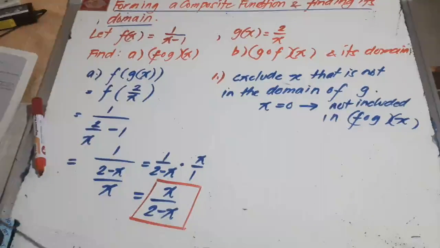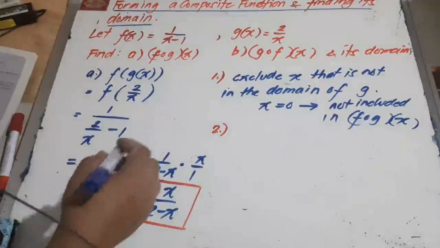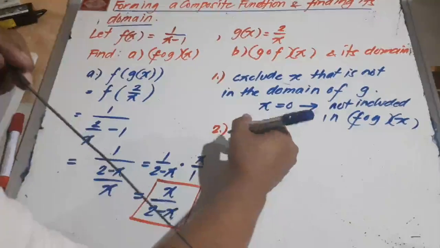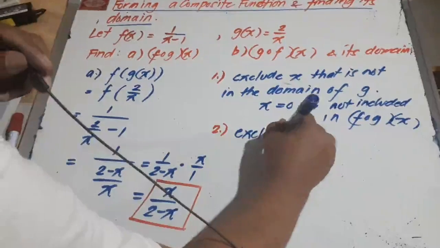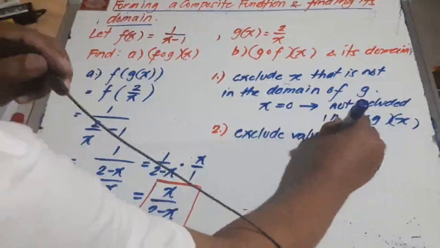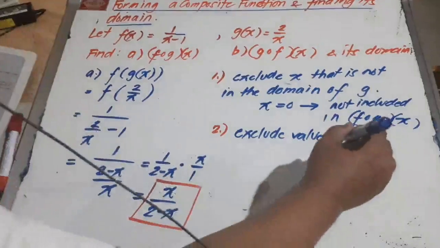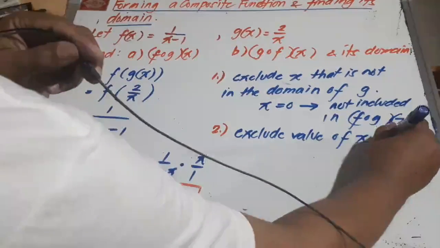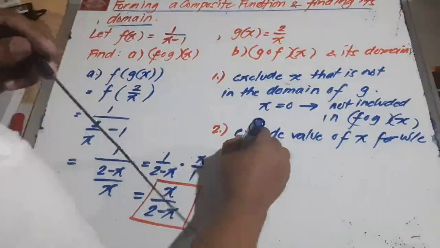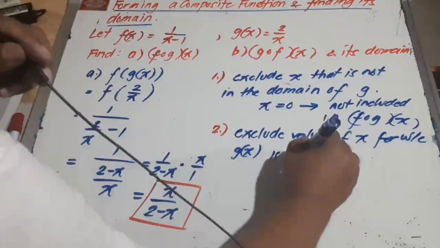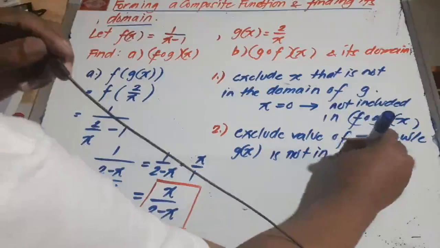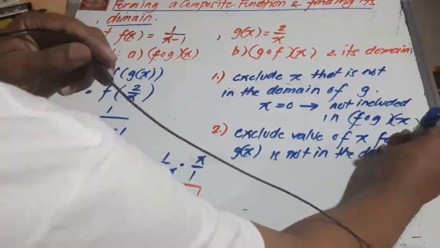Okay? Now, next step is exclude values of x for which g of x is not in the domain of f.